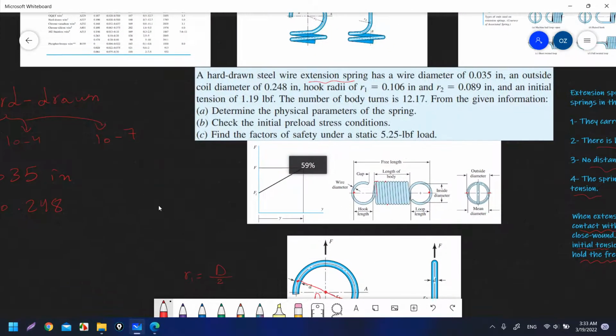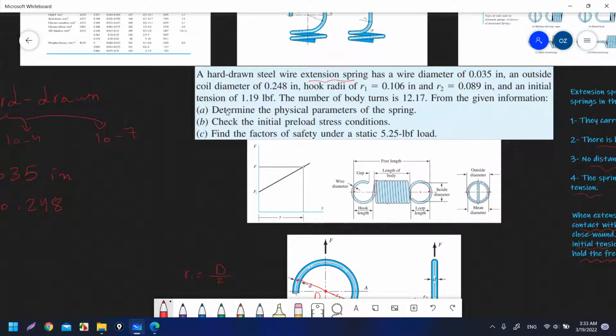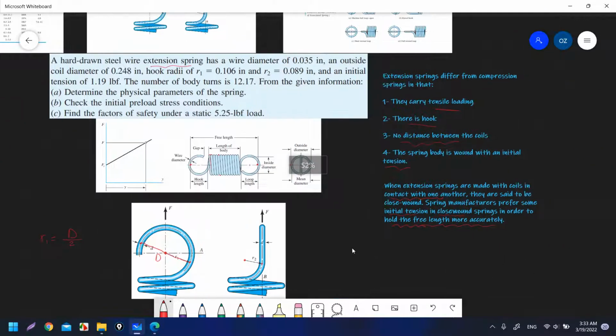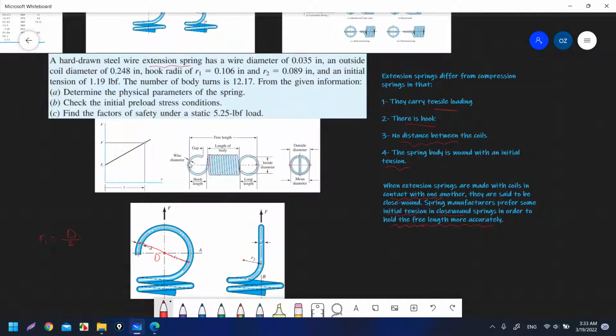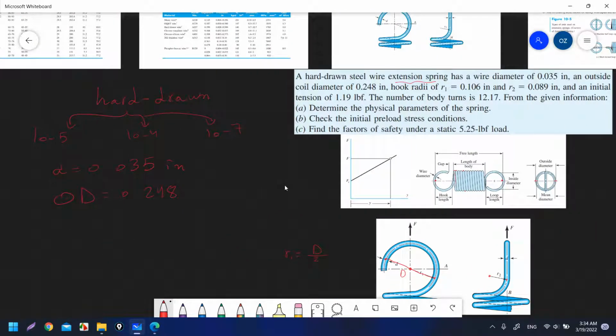So he gave me R1 and R2, and an initial tension of 1.19 pound force. We said at the beginning that we apply initial tension, or preload, in order to maintain a contact between the coils. So we represent it as Fi equal to 1.19 pound force. The number of body turns, when he says body, he means the coils.